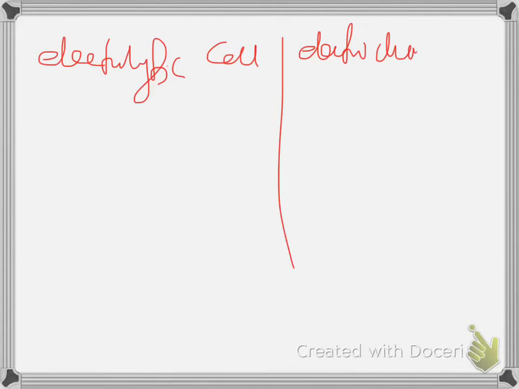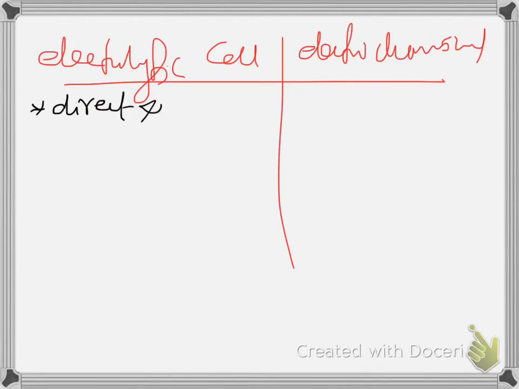Electrolytic cell and electrochemical cell. In the electrolytic cell, we have direct redox reaction.